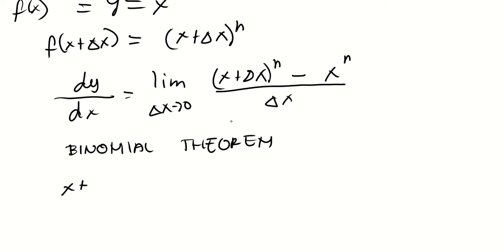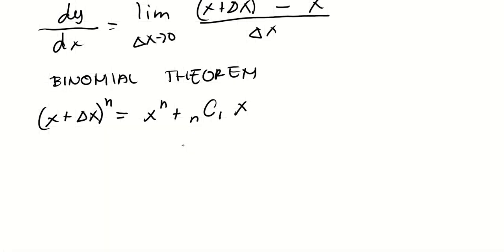So x plus delta x, according to this theorem raised to n, is just equal to x raised to n plus nC1, a combination. This one will be discussed in your algebra. I hope you know this one. Binomial theorem. x raised to n minus 1, then multiply it with the second term, delta x. Then as you decrease the exponent of x here, you increase the exponent of delta x.